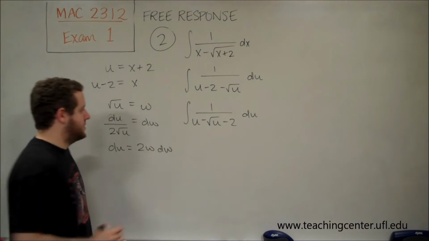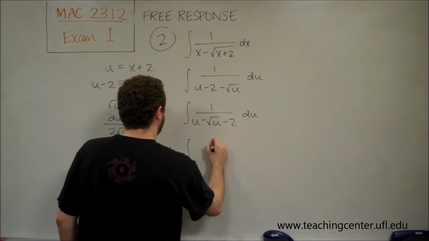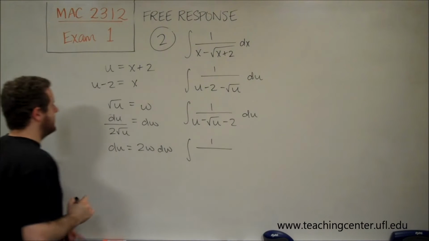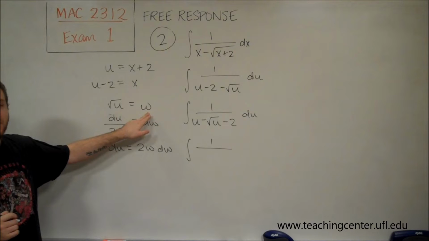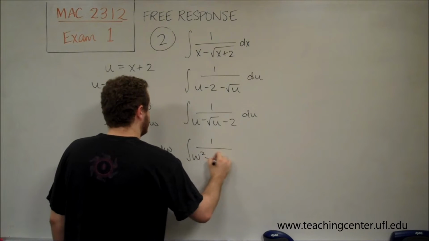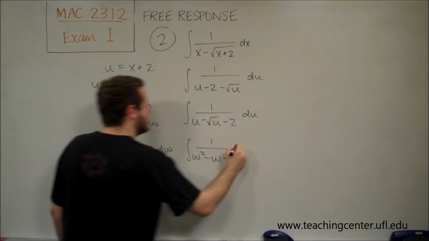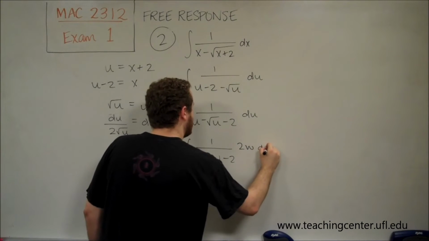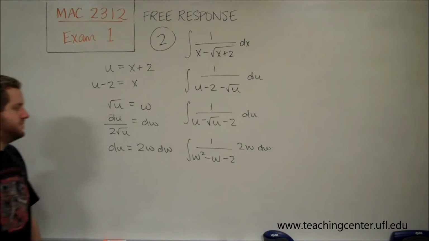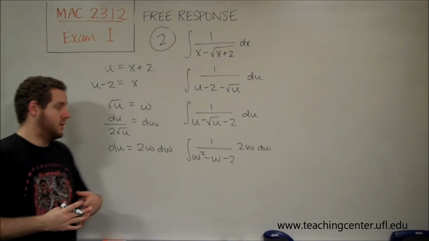So let's do our substitution here. What does our integral become now? If root u is w, u is w squared, root u is w, minus 2, and our du is 2w dw. You can see this is turning into a much better integral at this point.